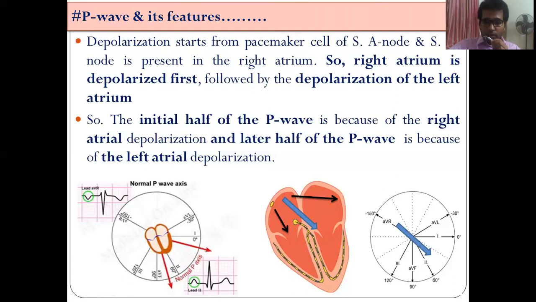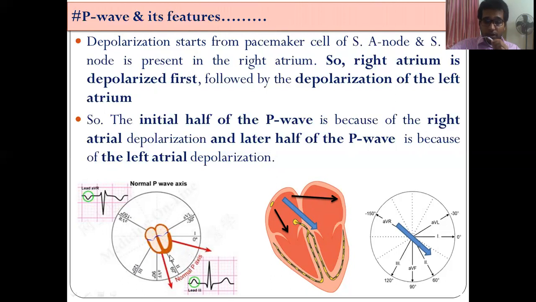When there is a right atrial enlargement, the P wave axis may rotate clockwise and shift to the right. In that case, the voltage of the P wave in lead 2, lead 3 and aVF, the inferior leads, will be increased.